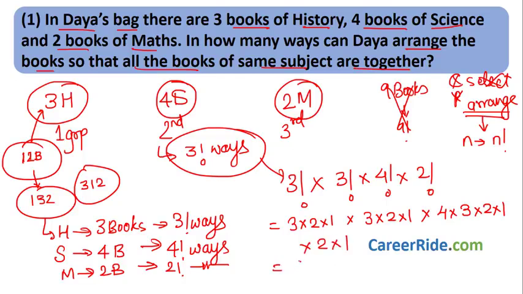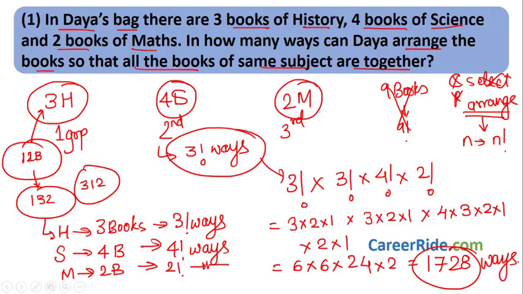What do we get? 3 2s are 6, 3 2s are 6, 4 3s are 12, 12 2s are 24, into 2. That would give us 1728 ways. So in 1728 ways, books can be arranged so that all the books of the same subject are together.